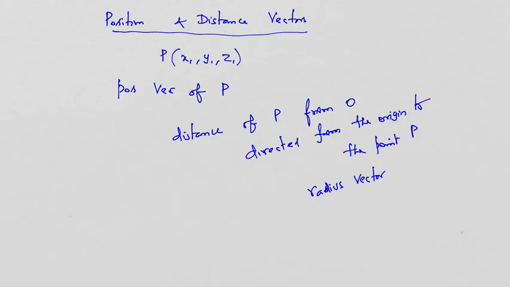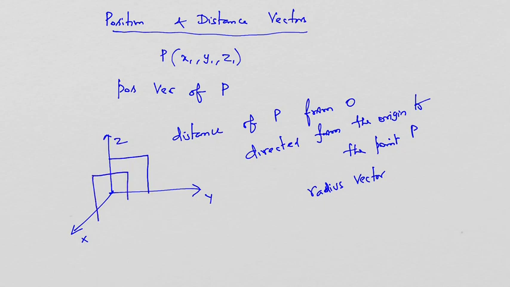Why do we say so? For example, I have a coordinate system with x, y, z axes, where I can create a cuboid like this. The diagram is roughly drawn, and you can understand the point P with the coordinates x1, y1, z1. So what is the height of this component?